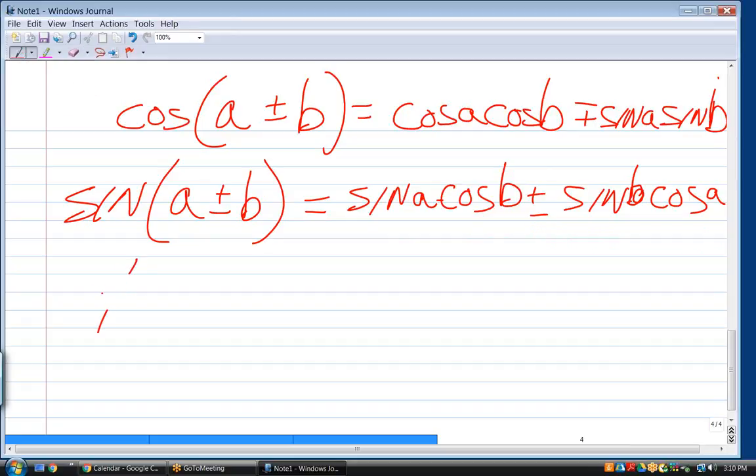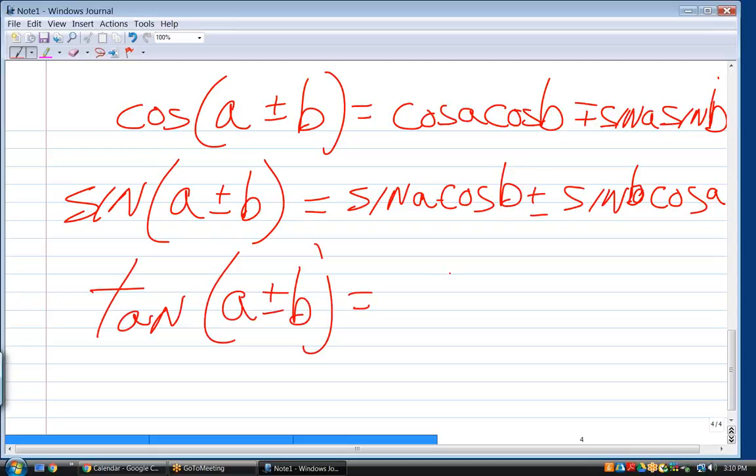Okay, now there's a third one that they kind of want you to memorize also. And this is actually pretty easy to memorize. The numerator is the same thing.